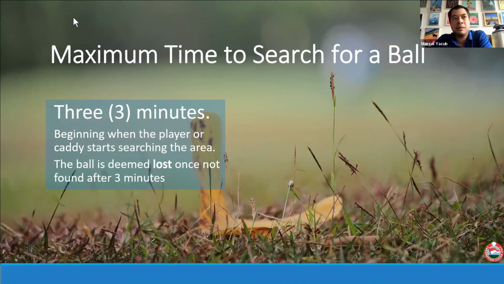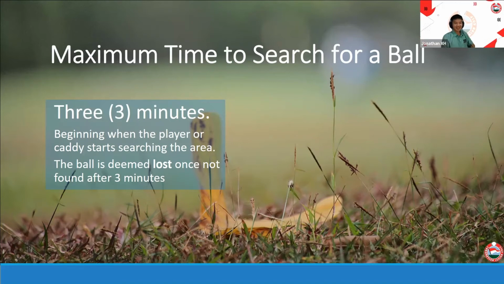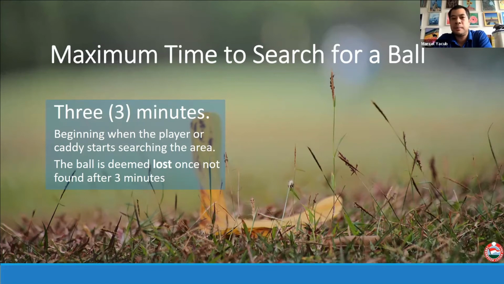Yeah, rules are rules, but sometimes reality in the field is actually different. We've been playing golf so many times, but I never actually saw a person, when they're looking for a ball, take out their phone and actually time 3 minutes. Usually we just walk and concentrate on our next shot.